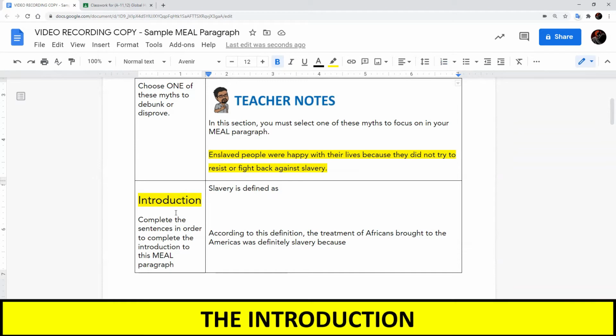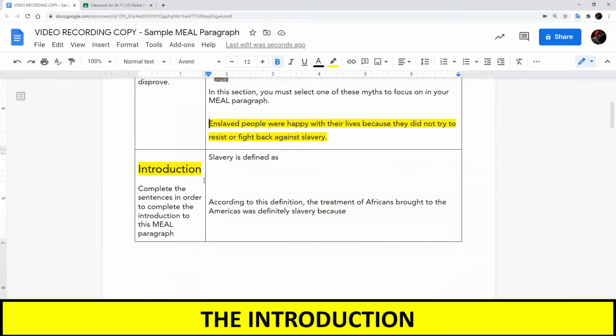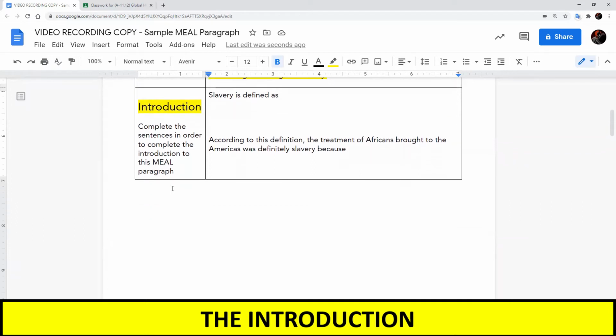Now, for the introduction, you're asked to do a couple of things. Every meal paragraph has an introduction. No matter what the meal paragraph is about, you should have an introduction to that paragraph. Basically, the introduction is to give some details about the bigger idea or bigger topic that you are discussing in the meal paragraph.